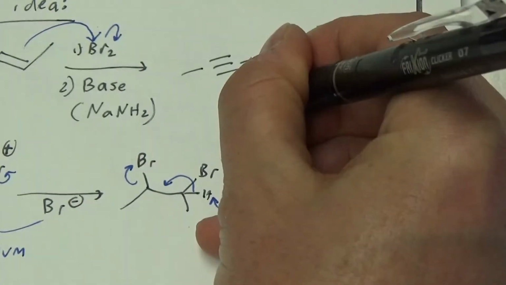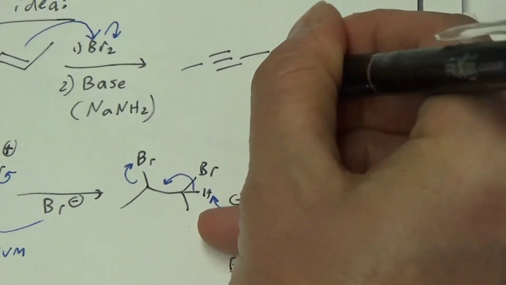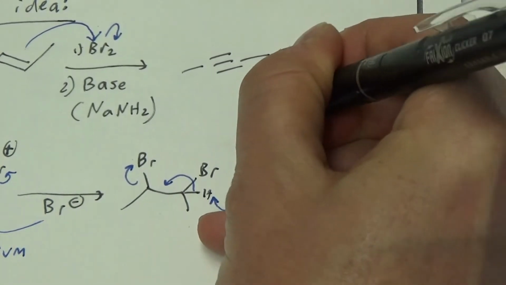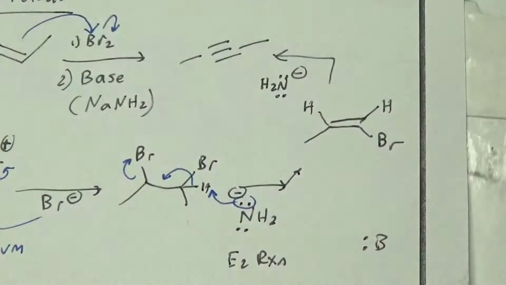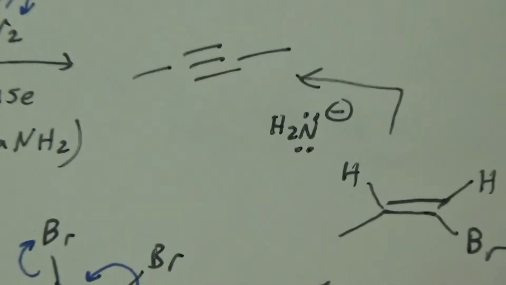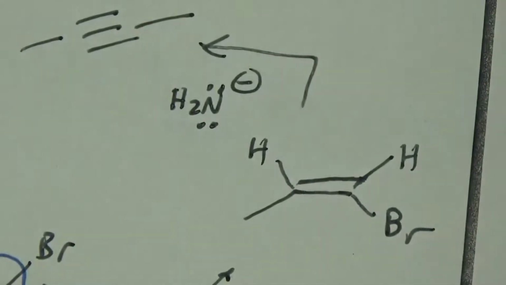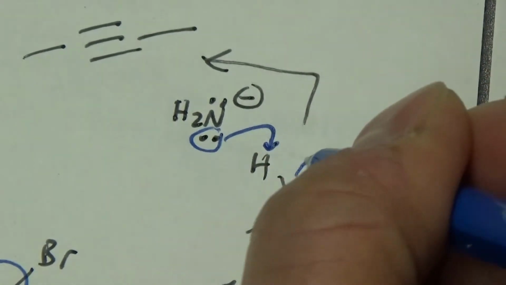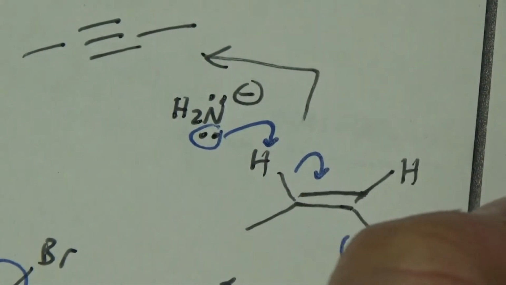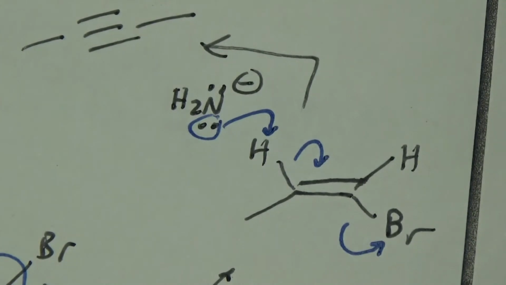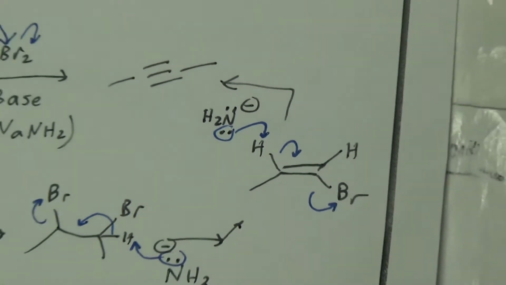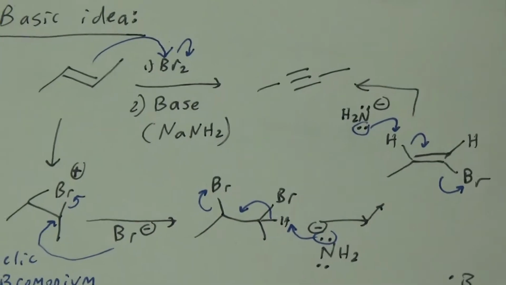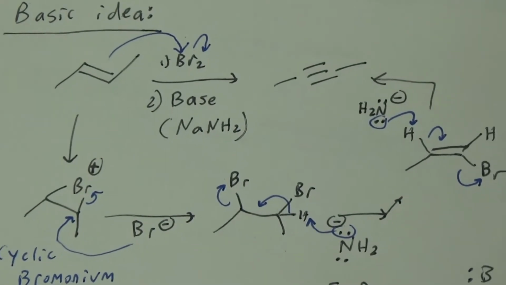So that's really all there is to it. H2N minus this time, and now it just does the same exact thing again. So it's essentially a double elimination. You eliminate once, you eliminate twice, and now you have an alkyne, right? That was it. There's the mechanism.